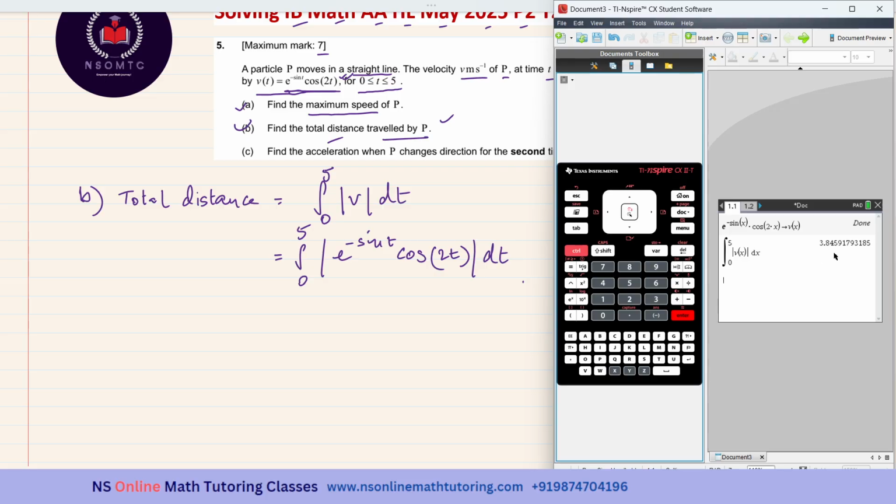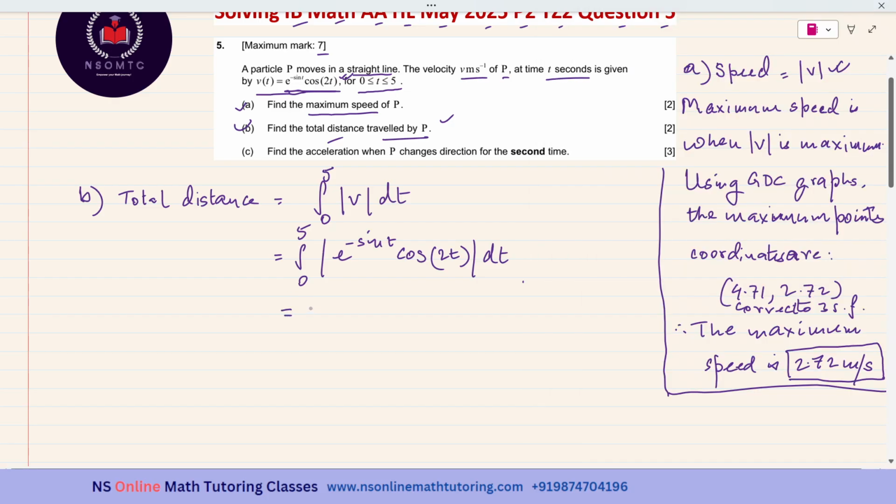So, correct to three significant figures, it will be 3.85 meters. 3.85 meters, correct to three significant figures, and this also correct to three significant figures.